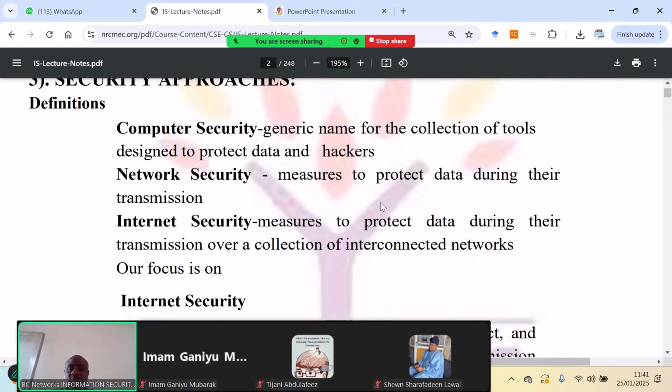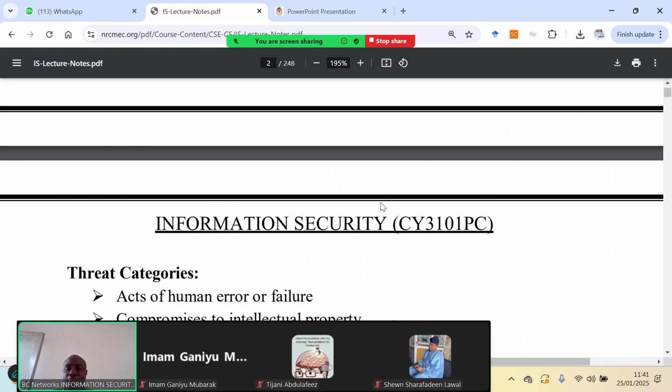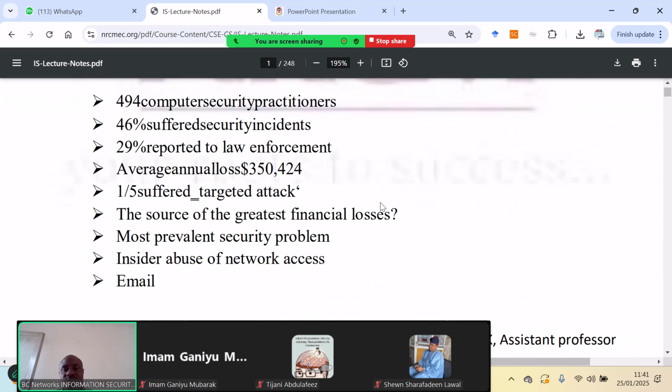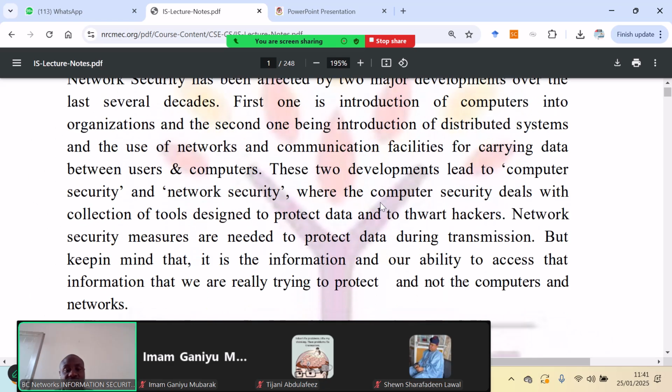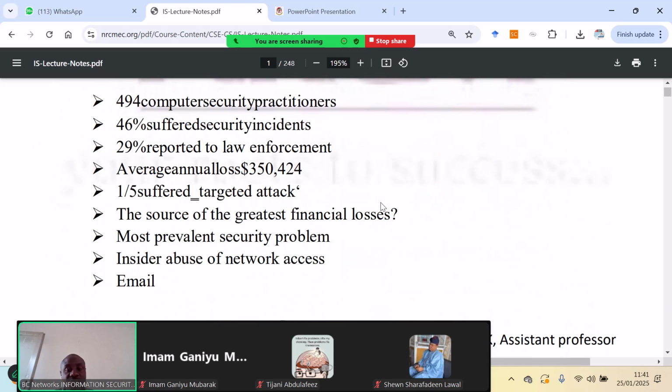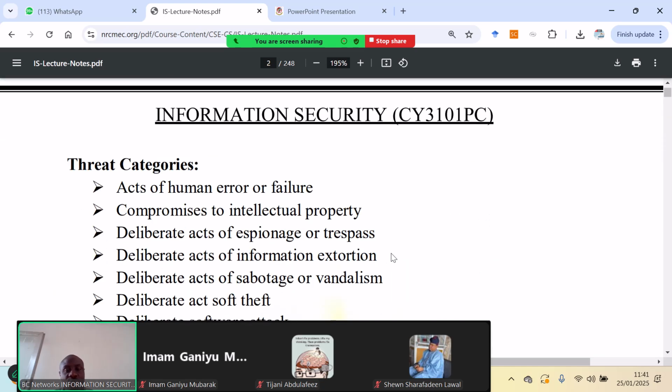We have explained the key terminology: risk, threat, and vulnerability in the last class, so we don't need to waste more time on that.